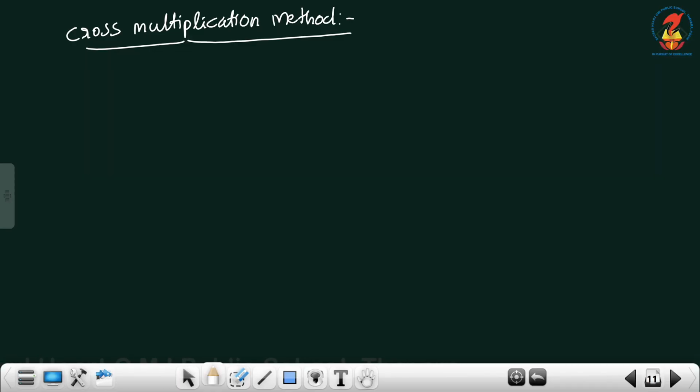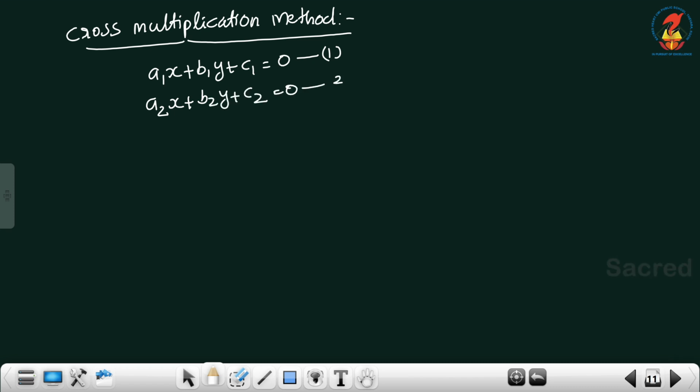Let us consider two linear equations, that means a1x plus b1y plus c1 equal to 0. This is the first equation. Second equation, a2x plus b2y plus c2 equal to 0. We have to eliminate one of the variables.